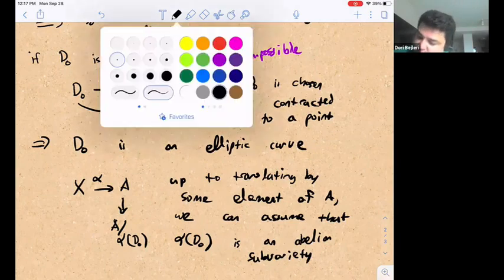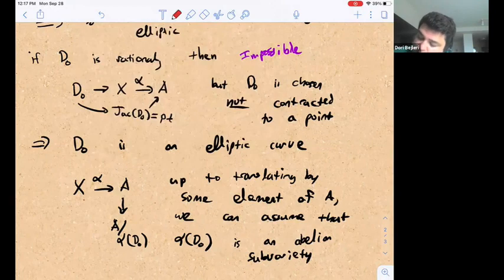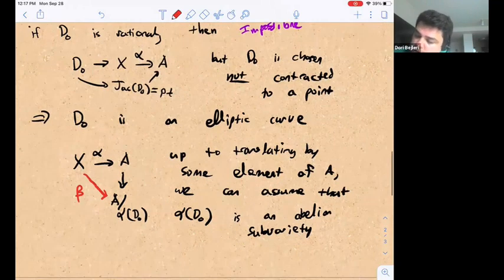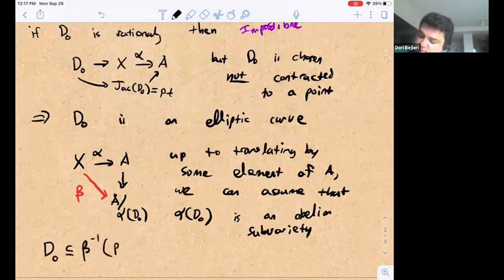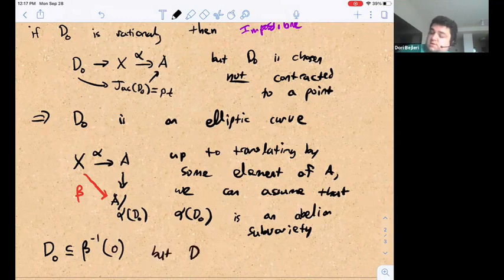It's called beta. And what do we know about beta? We know that D0 is contained inside of a fiber of beta. Specifically, it's in the fiber over the origin of this abelian variety. But D0 squared is 0. So again, by the Hodge index theorem, this is a different corollary of the Hodge index theorem, if we have something contained in a fiber whose square is 0, then it has to actually be a multiple of the fiber.